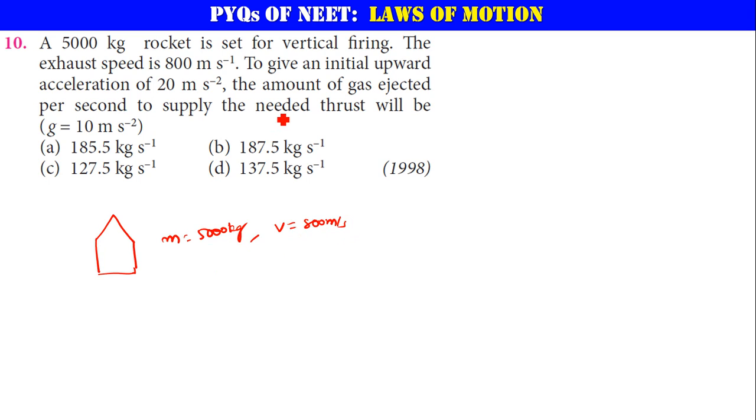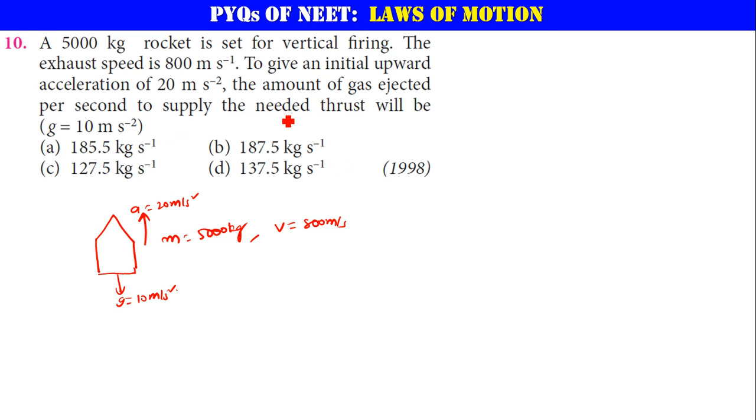To give an initial upward acceleration A, which is equal to 20 meter per second square, and there is already g equal to, let us say, 10 meter per second square. Now the question is the amount of gas ejected per second. He is asking about dm by dt, isn't it? Yes, dm by dt.